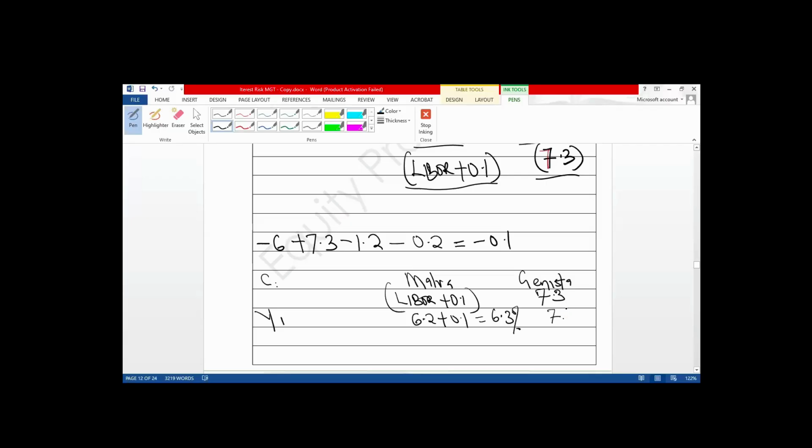This person will pay 7.3%. Now, year 2 to year 10, LIBOR will increase by 1.4. 6.2 plus 1.4, LIBOR becomes 7.6. 7.6 plus 0.1 becomes 7.7.